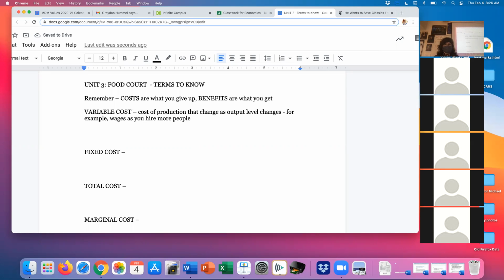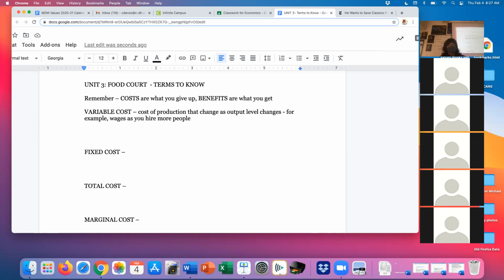That's a variable cost. So now we're pretending that we own a firm, a business, a company. All those words are interchangeable, okay? A variable cost is a cost of production that changes as the amount of things I'm producing changes. Output level, fancy term. The more stuff I make, those costs might go up; the less stuff I make, they go down.